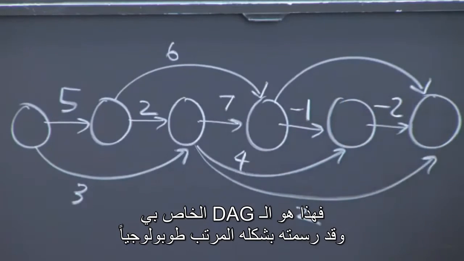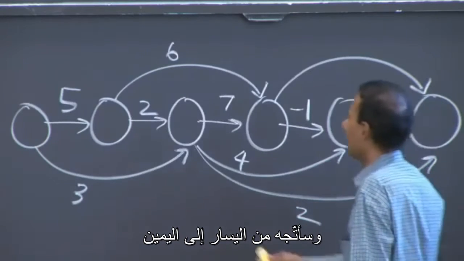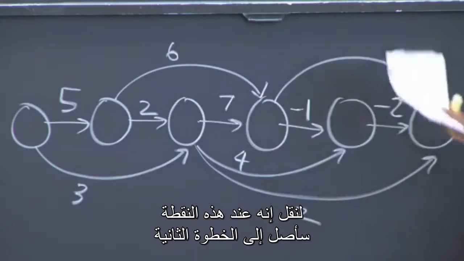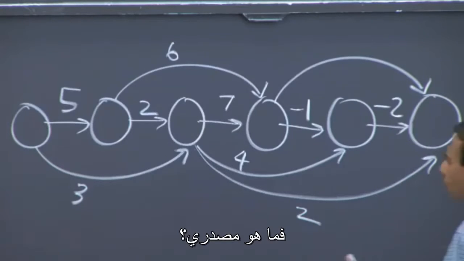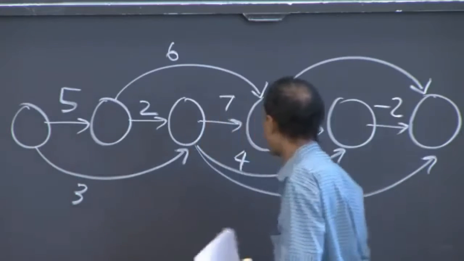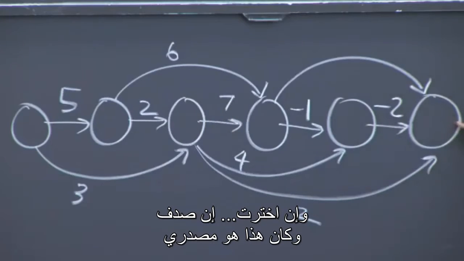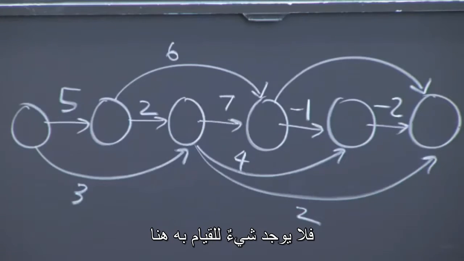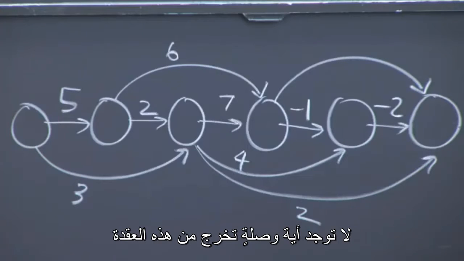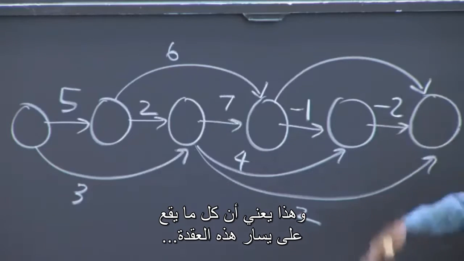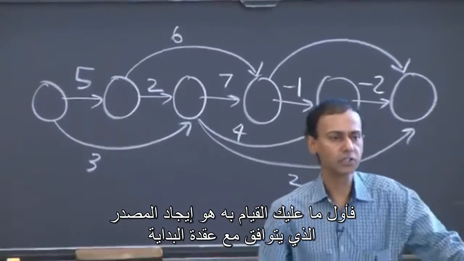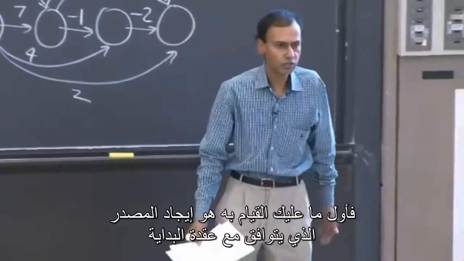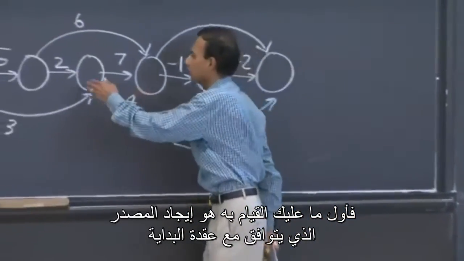So that's my DAG, and I've drawn it in topologically sorted form, and I go left to right. Now let's say that at this point I get to step 2, and I want to find shortest paths. Now I have to say, what is my source? And if I just happen to have this as my source, well, there's nothing to do here. There's no edges that go out of this, and so that means that everything to the left of me is infinity. Okay?